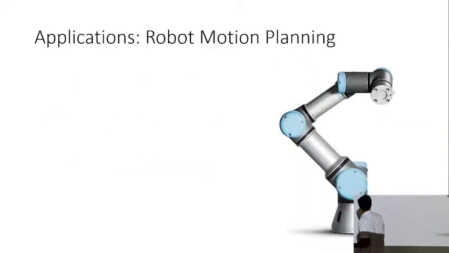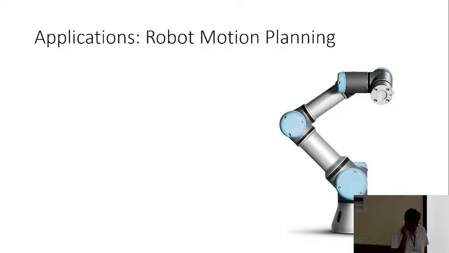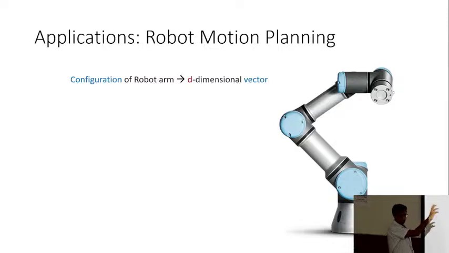Now, there's another application. My co-author Daniel was talking to one of the people in the group, and they said that if you look at robot motion planning, like an assembly line, you have a static robot which has a few dimensions in which it can move. You can think of a configuration of the robot arm as a d-dimensional vector, and the movement is like a curve in R^d.